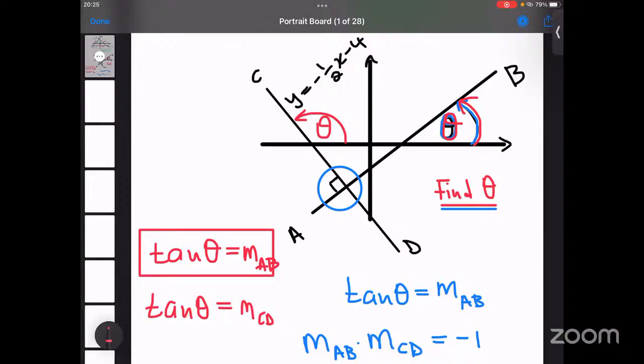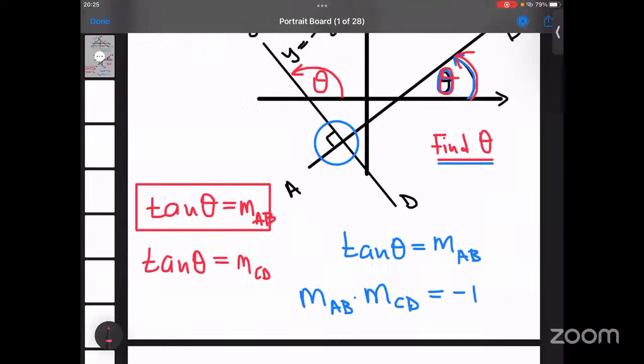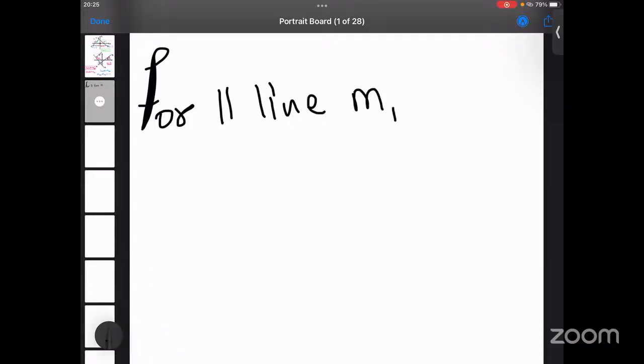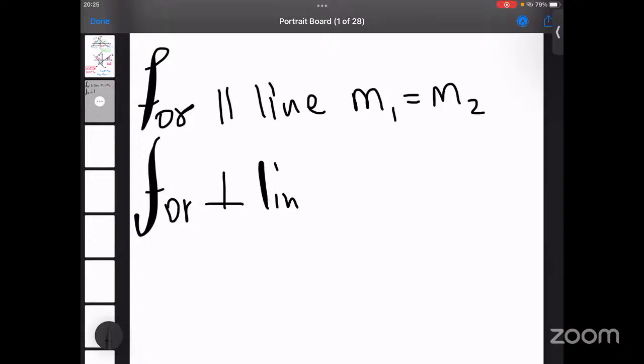And then this other formula: for parallel lines, the gradient of line 1 equals the gradient of line 2. And for perpendicular lines, when you take the gradient of line 1 and multiply it by the gradient of line 2, they will always give you -1.